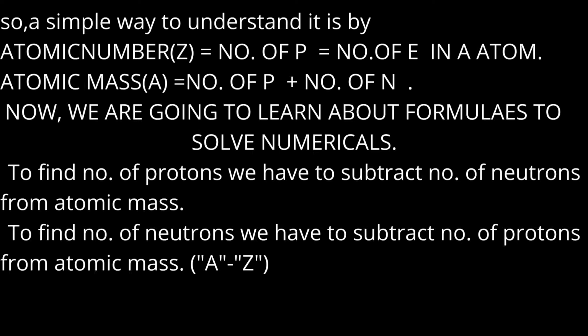To find the number of protons, we subtract the number of neutrons from the atomic mass. Means protons equals atomic mass minus number of neutrons. To find the number of neutrons, we subtract the number of protons from the atomic mass, or simply atomic mass minus atomic number. So first of all, you have to find the atomic number, which should be given.